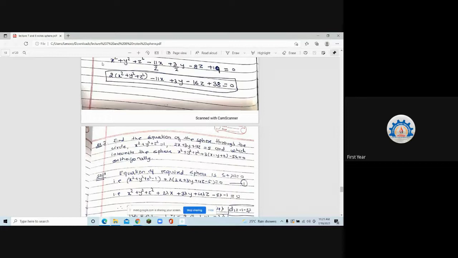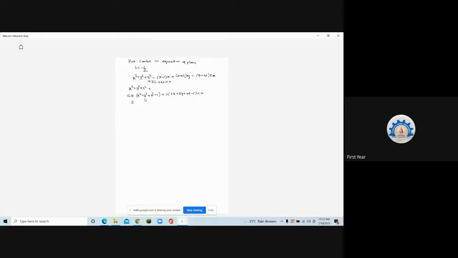तो इसीलिए मुझे ये जो इक्वेशन हम लोगों ने लिखा s plus lambda u, उसको प्रॉपर फॉर्मेट में लिखना पड़ेगा. So just see here, it is this s1 which is x square plus y square plus z square minus 1 plus lambda times this is equal to 0. Rewrite it in proper format to get u1 v1 w1 d1. लिखो, कैसे लिखोगे? x square plus y square plus z square plus 2 lambda x plus 3 lambda y plus 4 lambda z minus 5 lambda minus 1 is equal to 0.